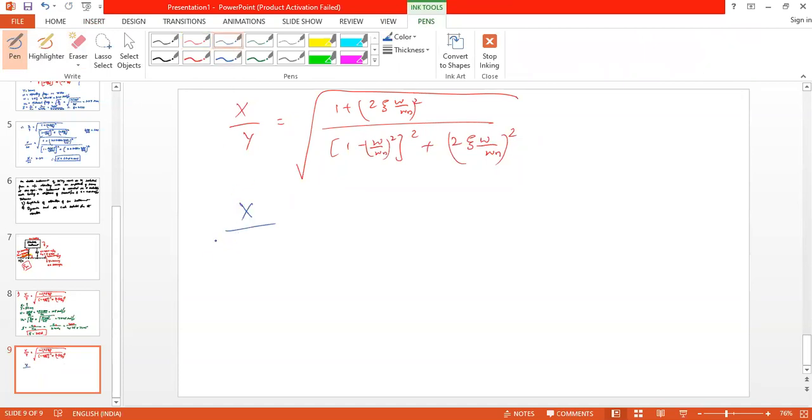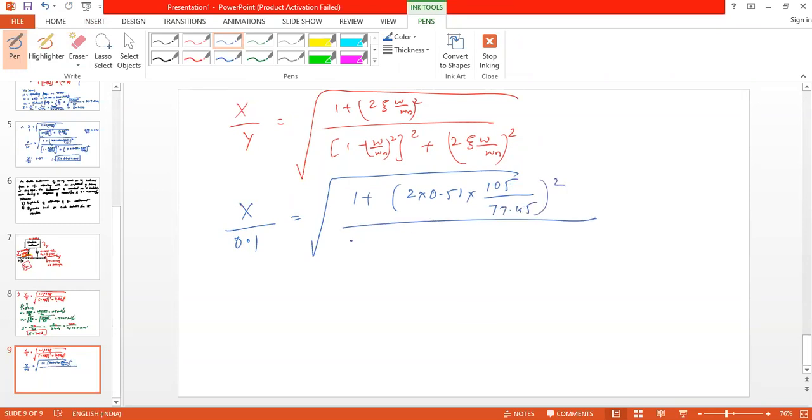X divided by y, which is 0.1 mm, is equal to the root of [1 plus (2 into zeta, 0.51, multiplied by omega, 105, divided by omega n, 77.45) whole square] divided by [(1 minus (105 divided by 77.45) whole square) whole square plus (2 into 0.51 into 105 divided by 77.45) whole square].